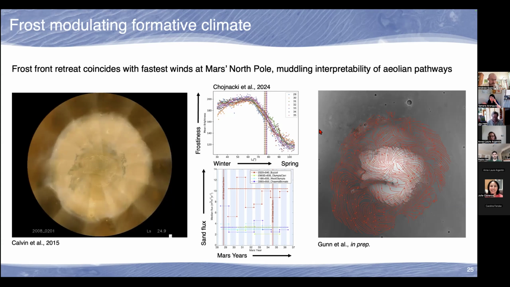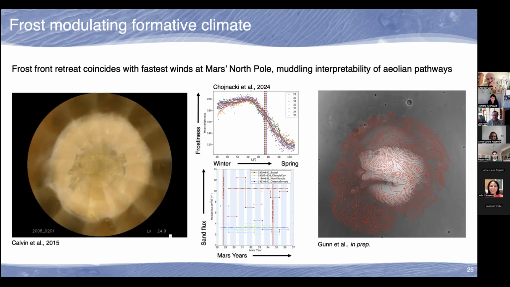When you show this dune at the beginning, it looks like the perfect example of what we expect with the direction of the winds. This is representing modern winds. And then you have this other one that doesn't look like what we expect for the modern climate.